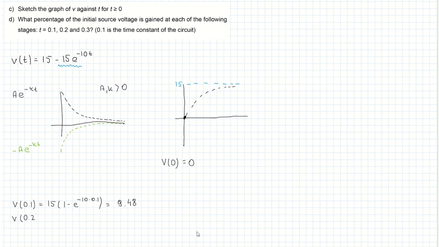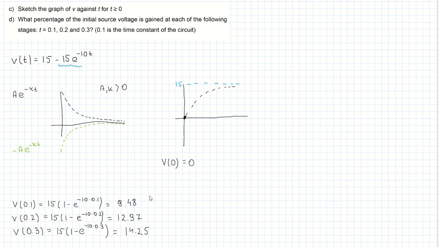V of 0.2 is equal to 15 times 1 minus e to the power minus 10 times 0.2, which is 12.97, and V of 0.3 is equal to 15 times 1 minus e to the power minus 10 times 0.3, which is approximately 14.25.